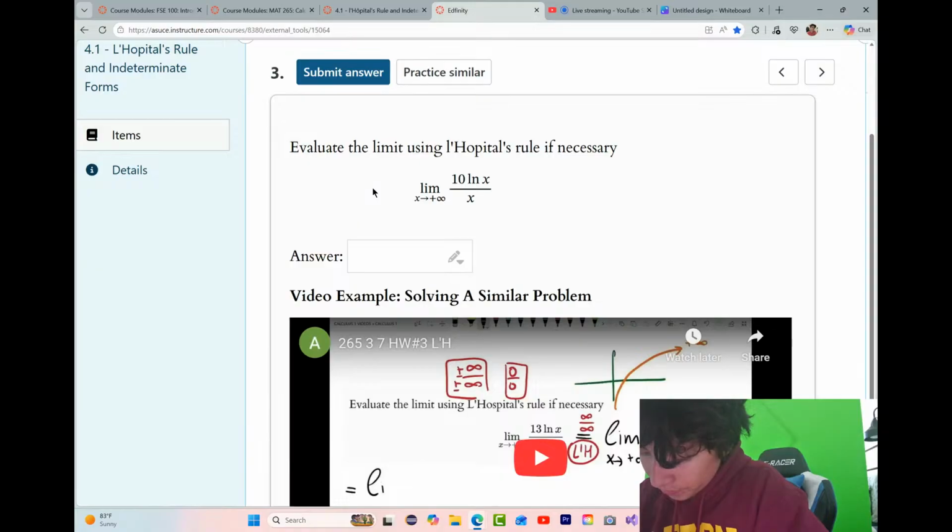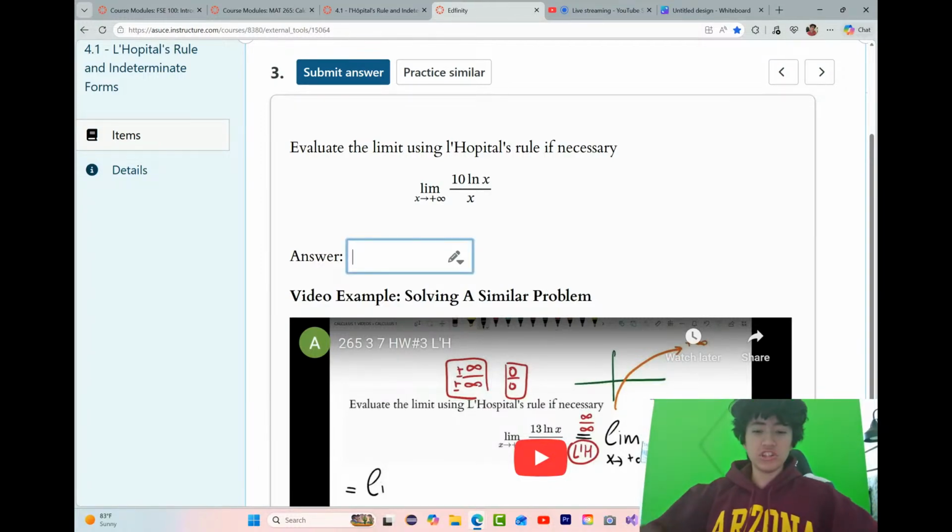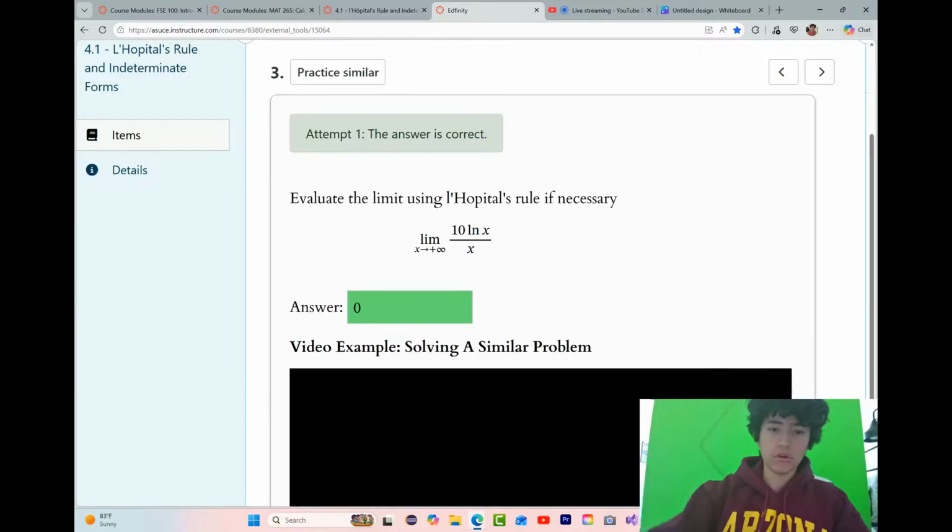The limit as x tends to positive infinity, and then we apply the derivative. So we get 10 that stays there. And the derivative of a natural log is going to be 1 over x. And this is all over the derivative of x, which is simply 1. So we have 10 times 1 over x, or 10 over x. So 10 over x, that's going to be 10 over infinity. And that's simply 0. We're cooking.